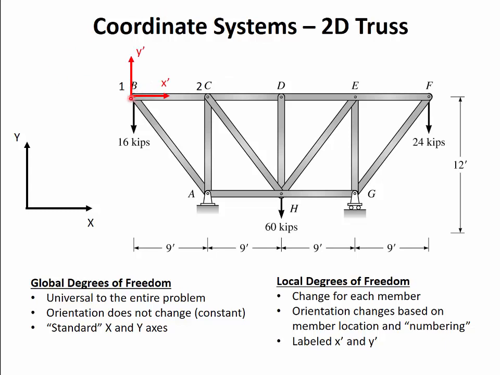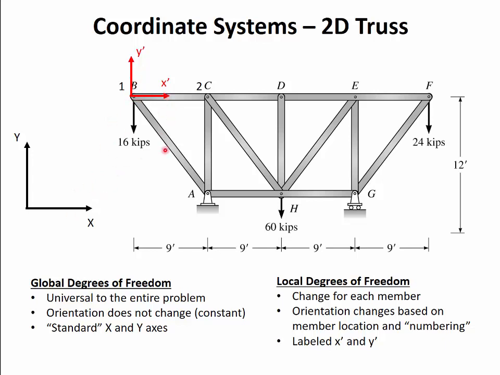So I have x prime goes from B towards C, y goes upwards from there. There is my local coordinate system for my member BC. Happens to be exactly the same as the global coordinate system. So sometimes your local and your global are the same.